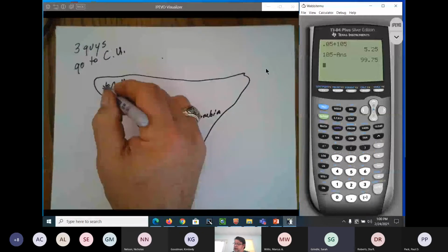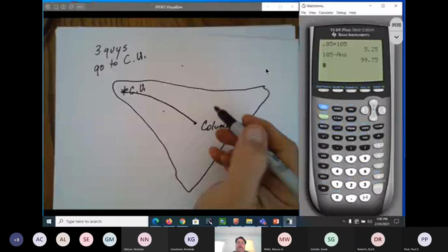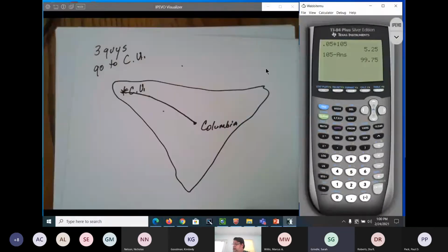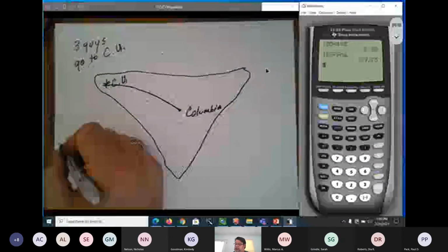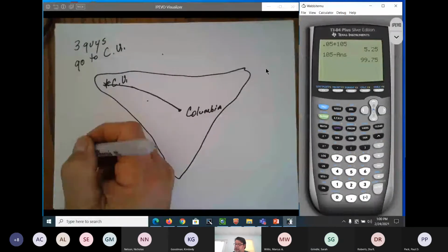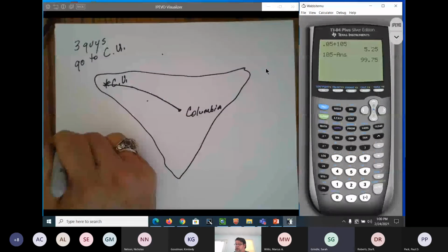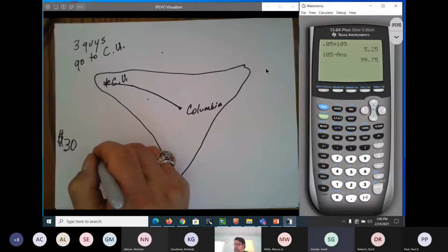And they travel down there, and they get down there on Friday afternoon. And they stay at a hotel. And they go up to the manager of the hotel and ask how much the room is. And he says $30 a night. And the guy says, well, that's $10 a piece.